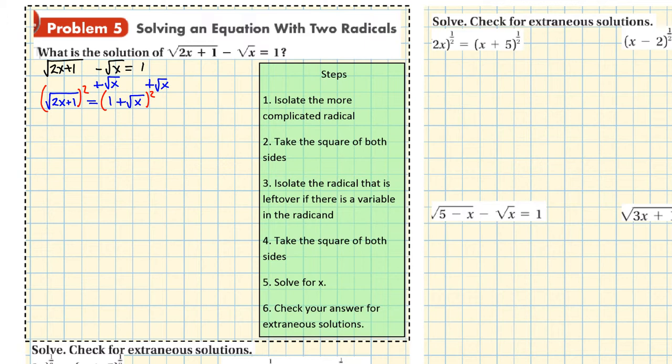And then on the other side, notice that we have a binomial. 1 plus the square root of x, squared, is 1 plus the square root of x times 1 plus the square root of x. So always remember that this is a case in which you FOIL. So you get 1 plus the square root of x plus the square root of x plus the square root of x squared.